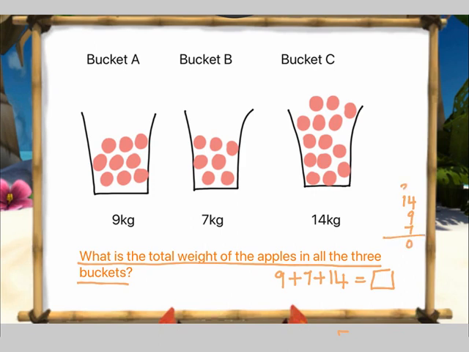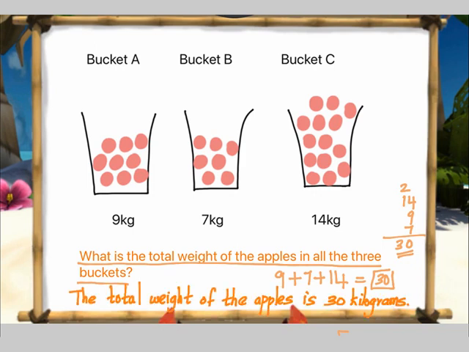We get 0 here, 2 goes up, and then 2 plus 1 is 3. So the answer is 30. The total weight of the apples is 30 kilograms.